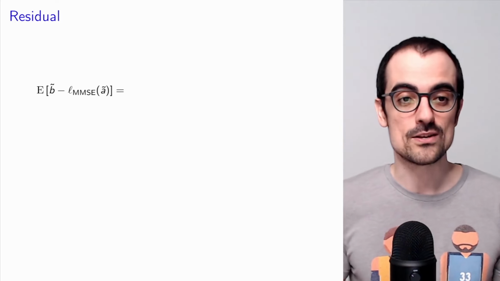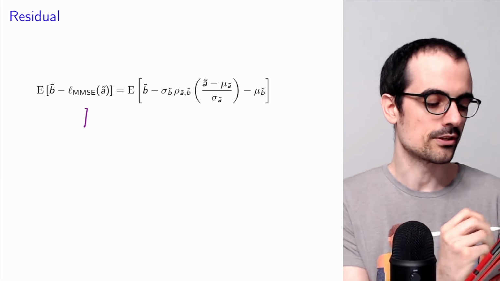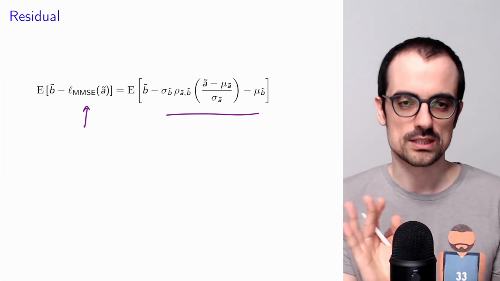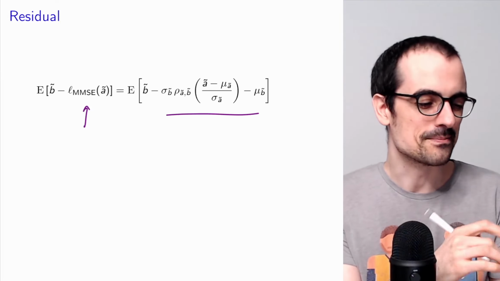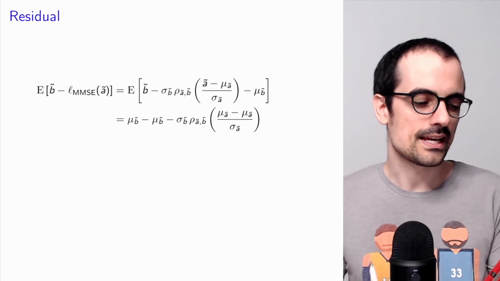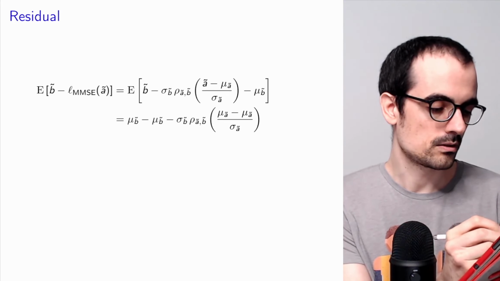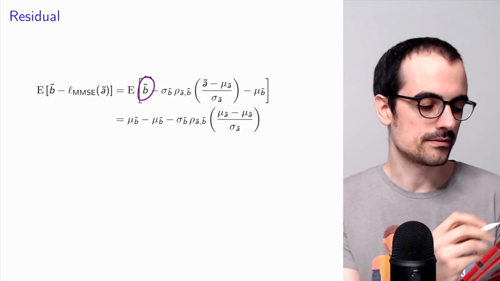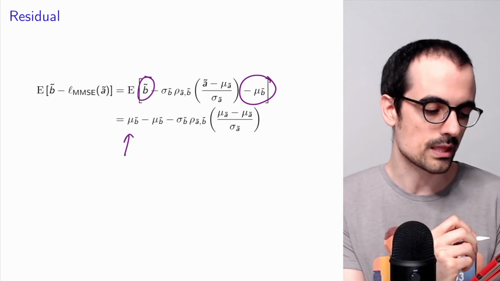First, let's take a look at the mean of the residual. We just plug in the expression for the linear estimate. Looks a little bit complicated, but we've seen it so many times that hopefully you're fine with it by now. And when we expand things out, basically realize that when we take the mean of this, it's just equal to the mean of B, so it's just going to cancel out with that.